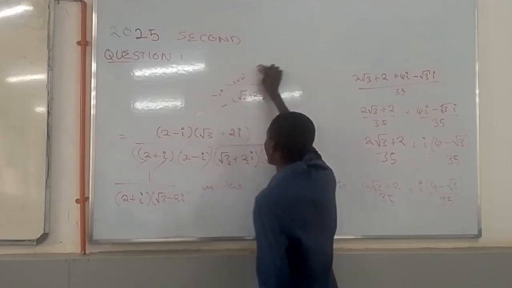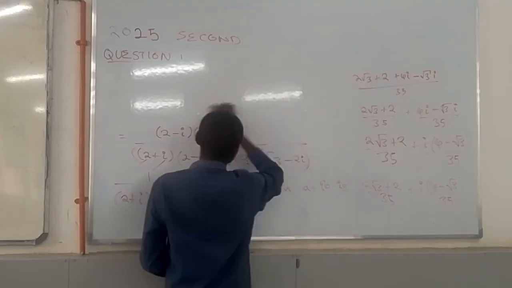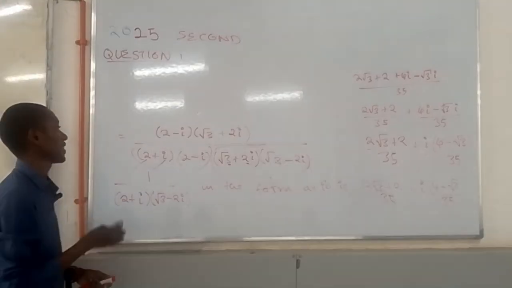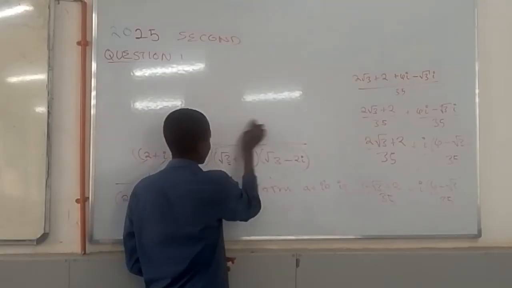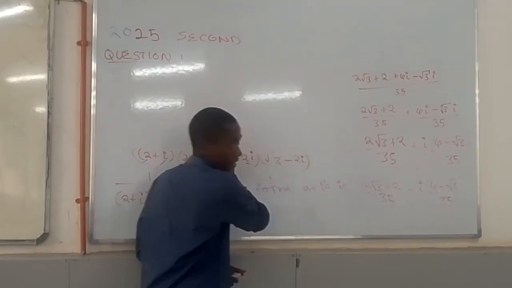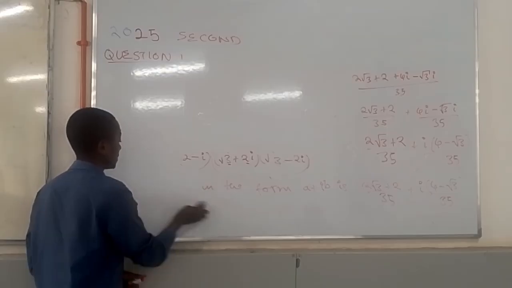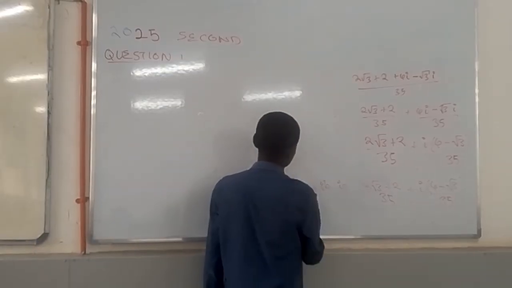Girls, you've now stopped leading. Which one will you do? The first one. Okay, so come and do the first one. Then a different lady will come and do the second one as well.